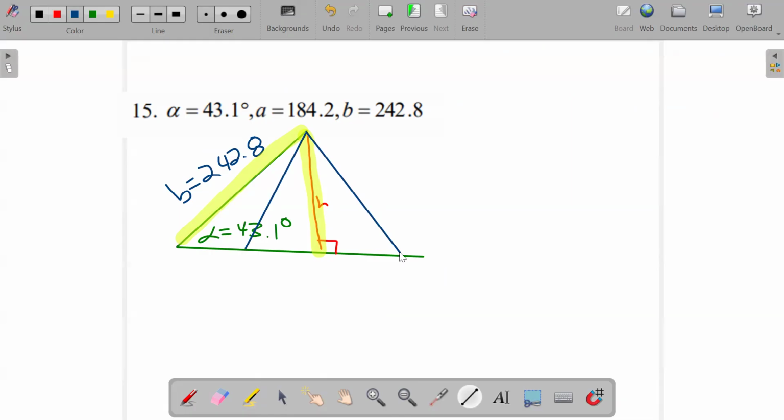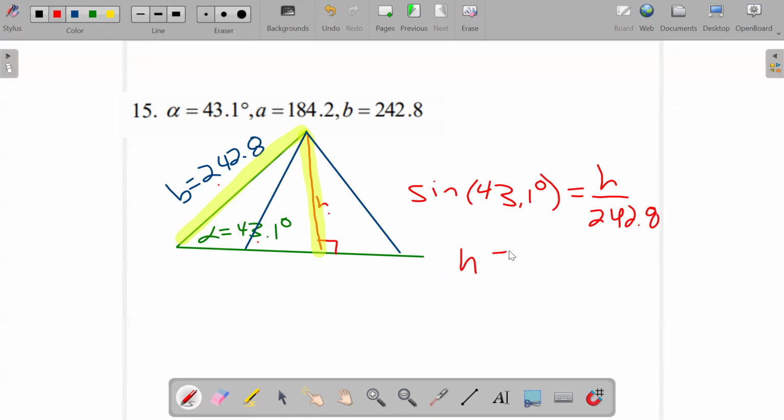To see that, I need to figure out what that height is. It is opposite the angle I have here, and this would be the hypotenuse. So the sine of 43.1 degrees is equal to the height divided by the hypotenuse of 242.8.